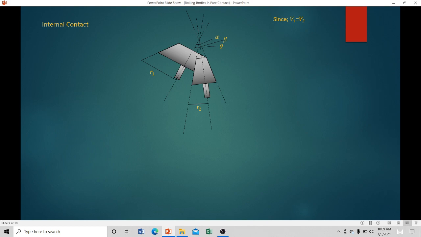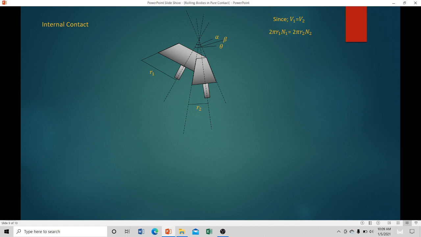In order to prevent slippage, or to keep the contact consistent while they move, we must make their velocities equal. So, since V1 is equal to V2, we have this equation: 2 pi R1 N1 is equal to 2 pi R2 N2.